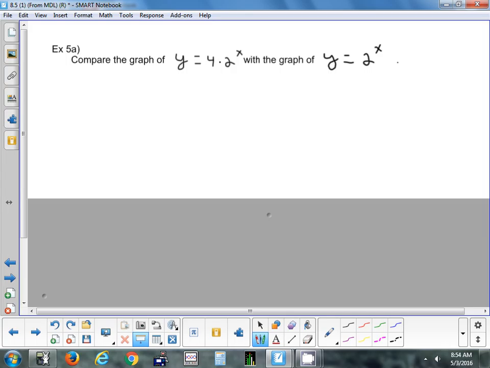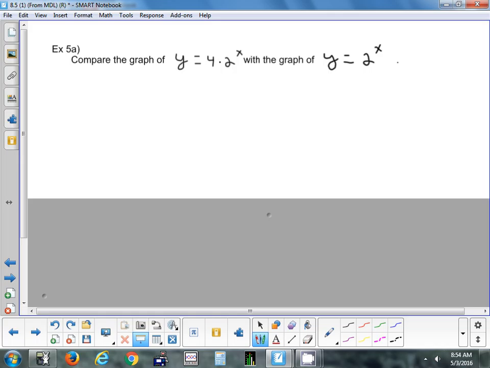Oh, Ryan? The 4. Yep. Perfect. There's a 4 in front of the 2. Who remembers what putting a number in front does? Bigger than 1. Yep. Putting the 4 in front, it's going to cause a vertical stretch.